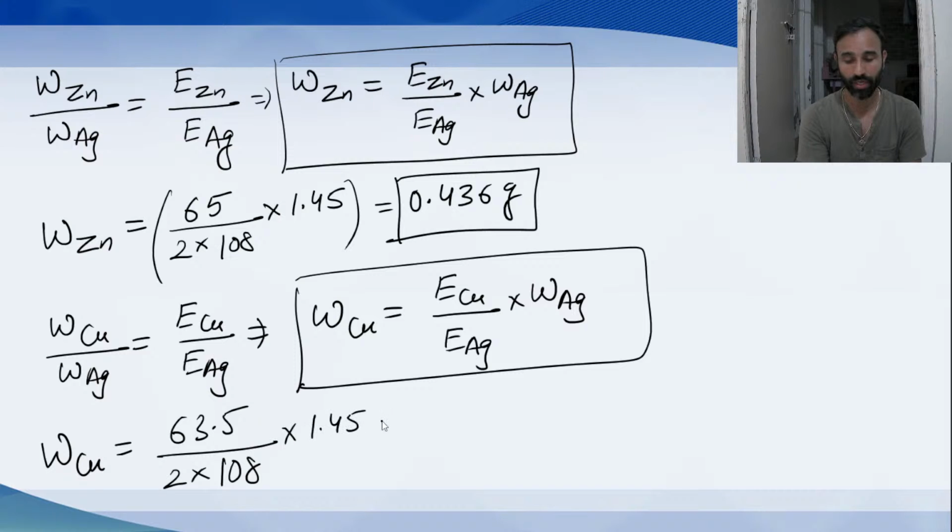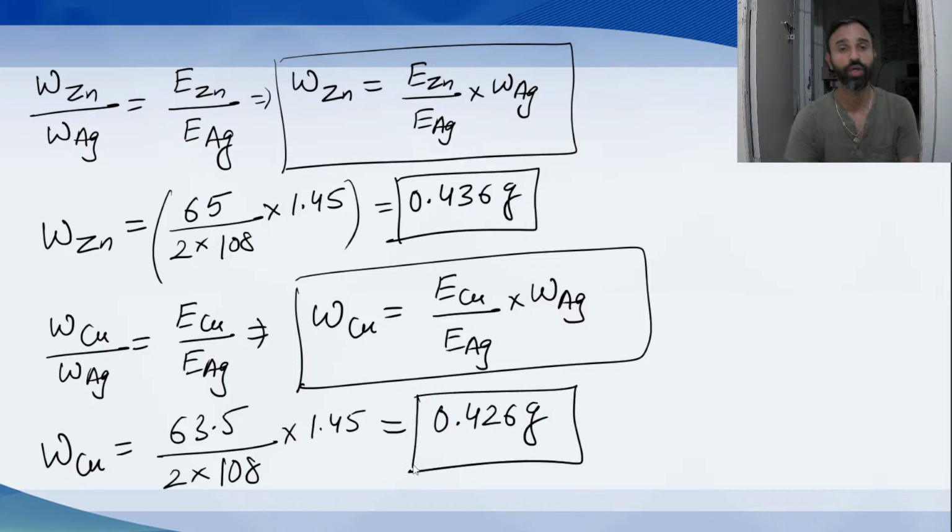And weight of silver deposited is 1.45. So it is 63.5 into 1.45 divided by 216. It is 0.426 gram. First one was 0.436 gram and second is 0.426 gram, zinc and copper deposited.